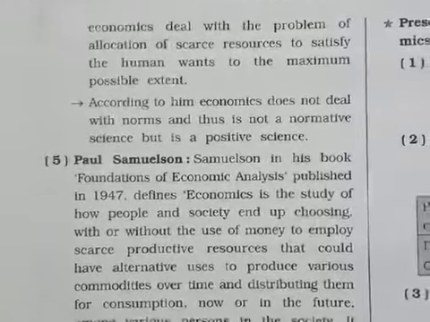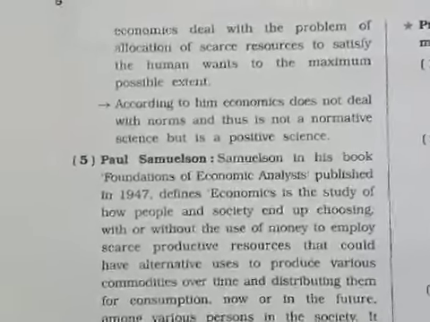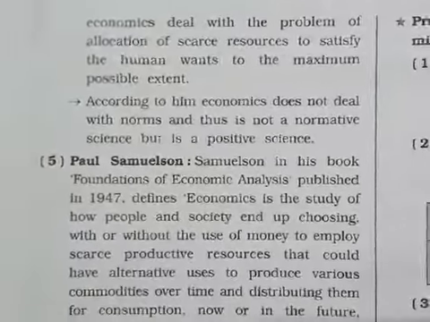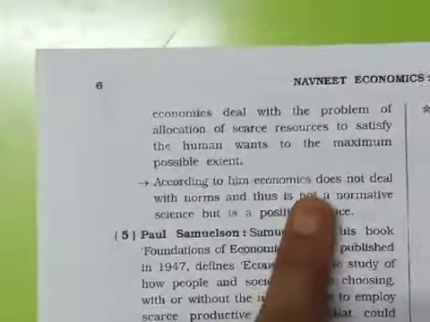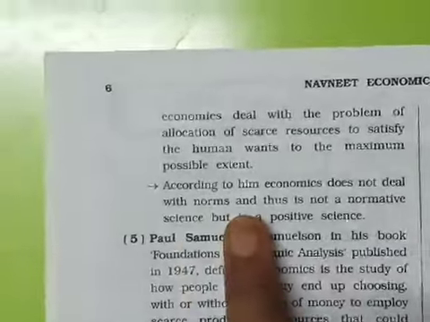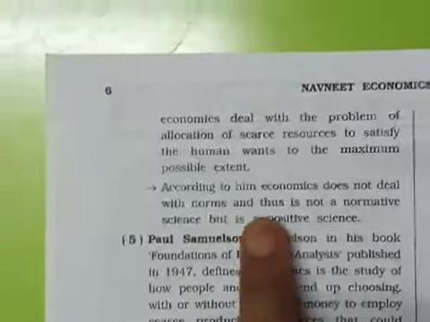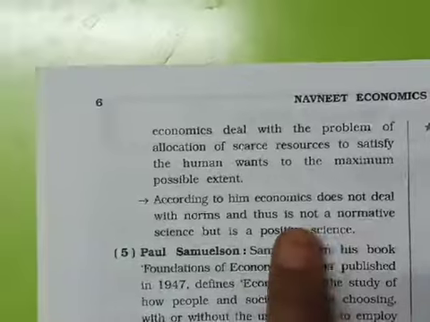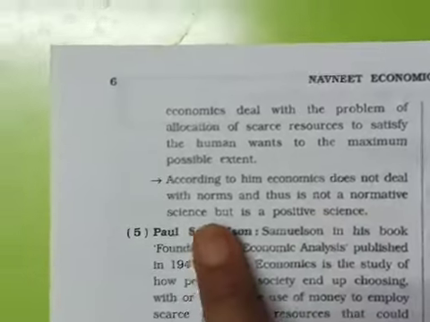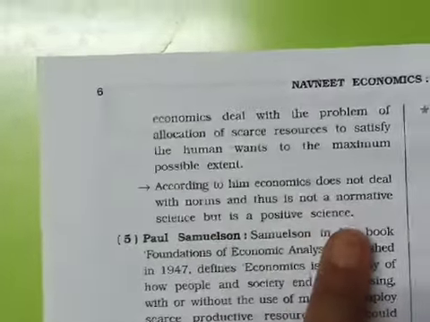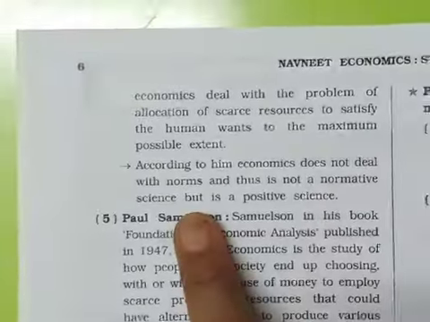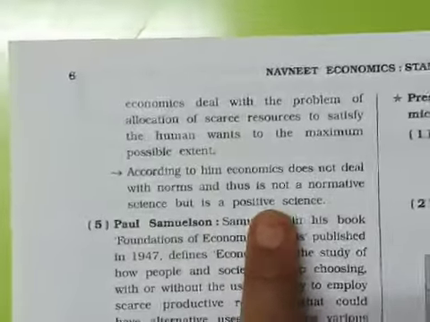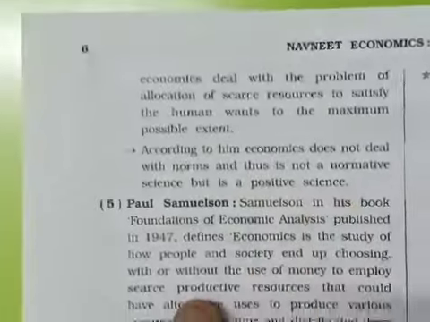Otherwise, one day or another, everything is going to be finished, and later on we will not be able to use them anymore. According to him, economics does not deal with norms. Norms means conditions, and thus it is not a normative science but a positive science. Normative means something you pursue with conditions, but instead of that, it is a type of positive science.